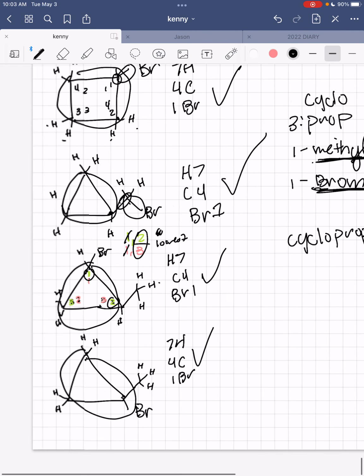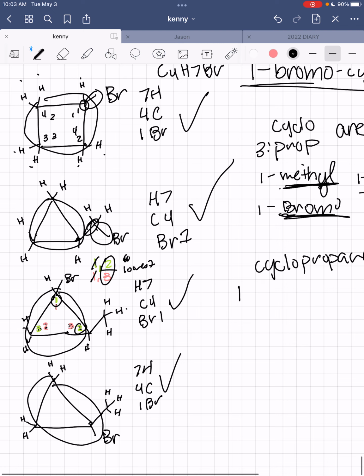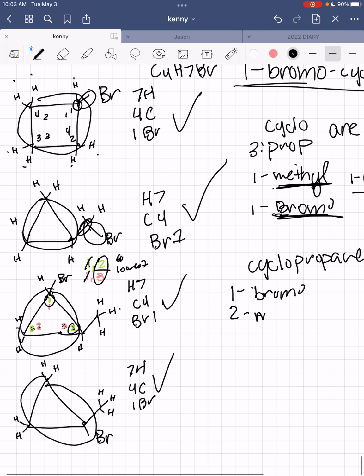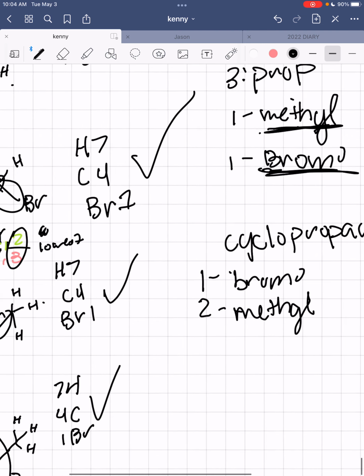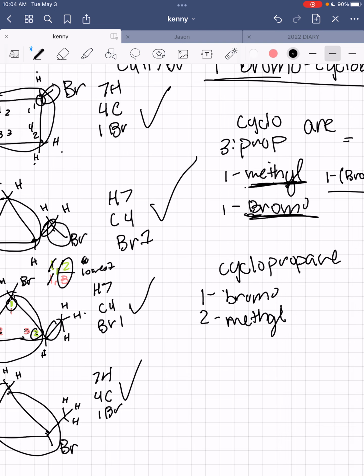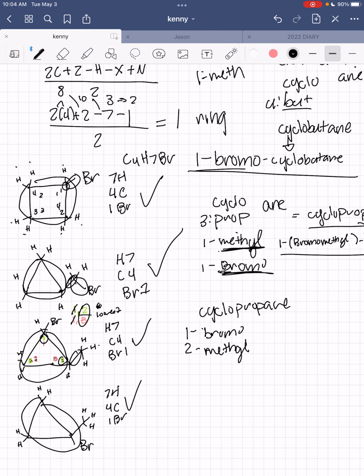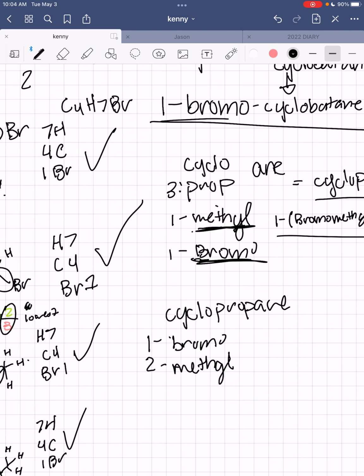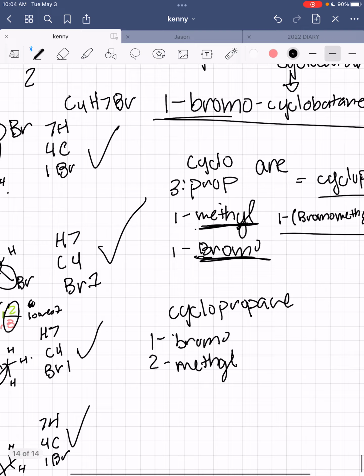And now we can start labeling what's on each. It's 1 bromo. Substituent 1 is 1 bromo. And then substituent 2 is the methane, because there's 1 carbon here. And then you do the prefixing, 1 goes to meth, and then you add the -yl at the end because it's a substituent.